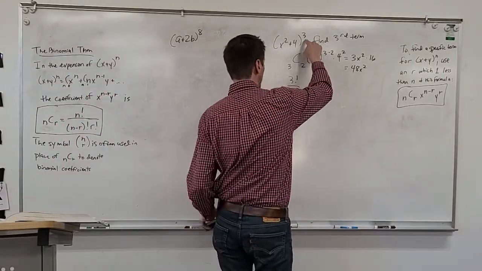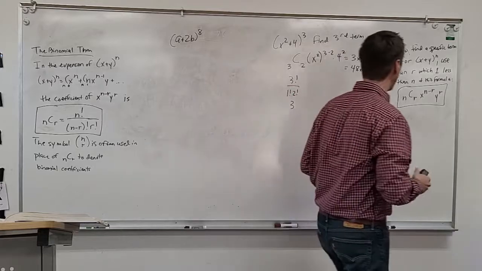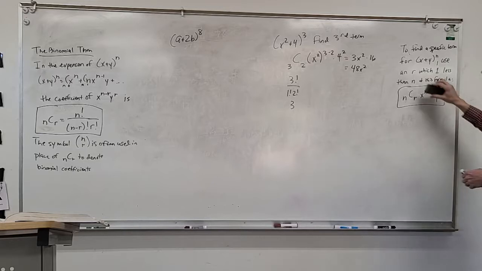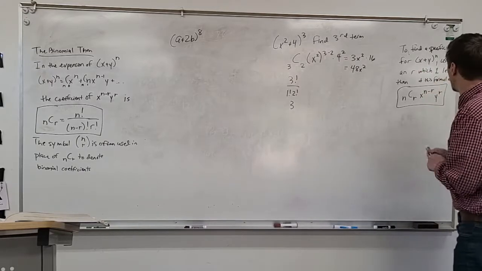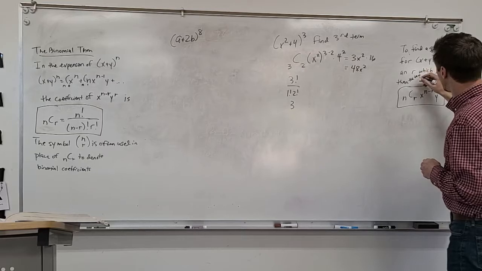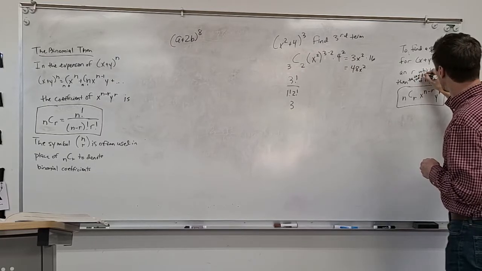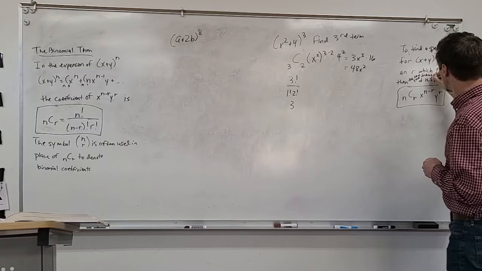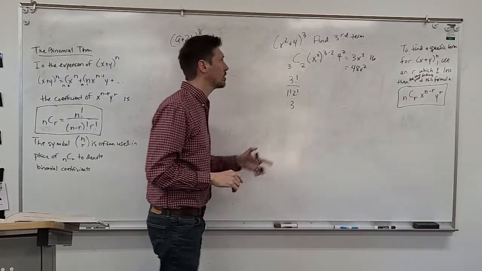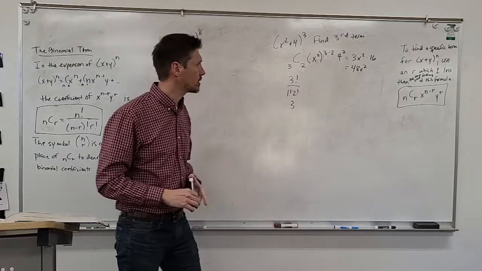This was confusing because the 3 is the n and we're trying to find the third term. To find a specific term, use r, which is 1 less than the term you're finding. Sorry about that, guys. Because I was looking at this going, well, if that's the case, then this will always be 1 right here. But I don't think that's so.